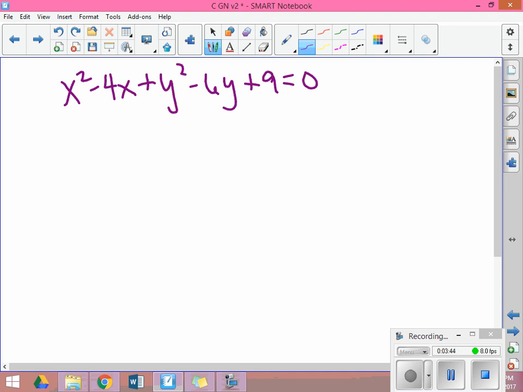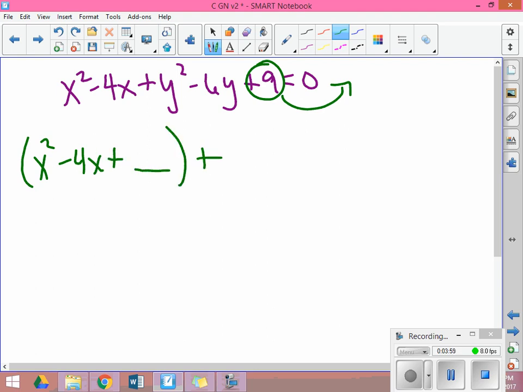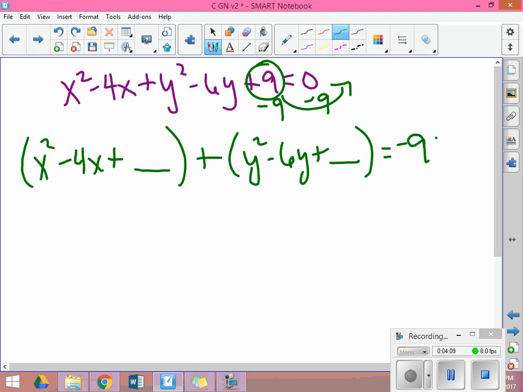So first of all, we're going to put our x's together, put our constants together, and get rid of that 9. So I've got x squared minus 4x plus, leave that blank, put your y's together, y squared minus 6y plus, leave that blank, equals, subtract 9, be really careful with your signs, minus 9 plus a blank plus a blank.